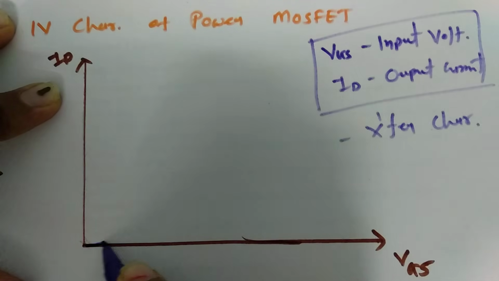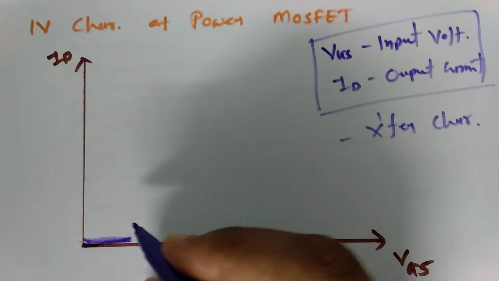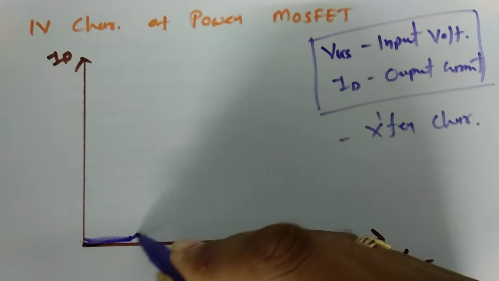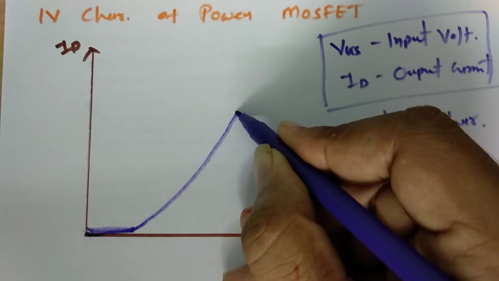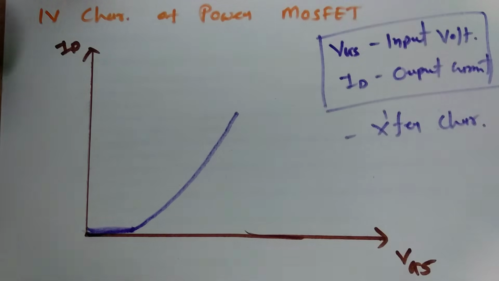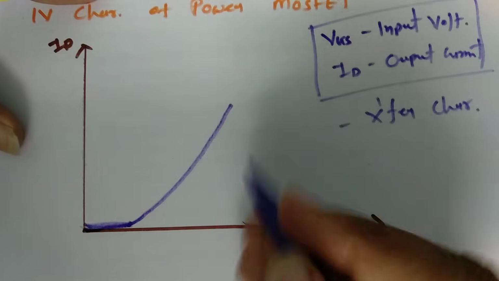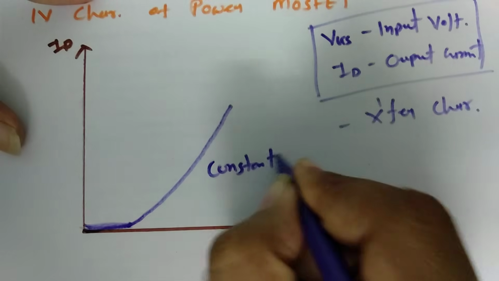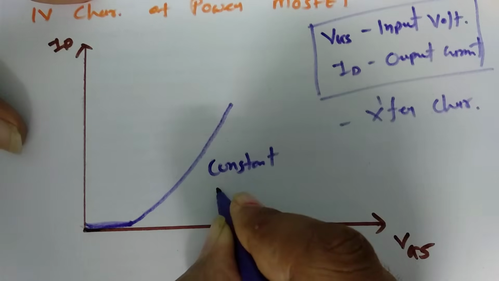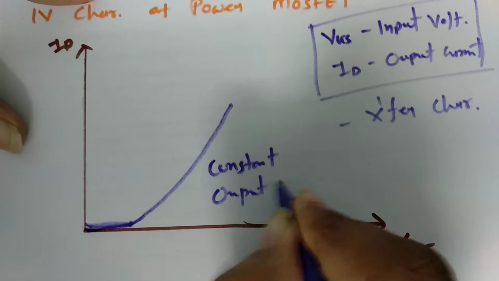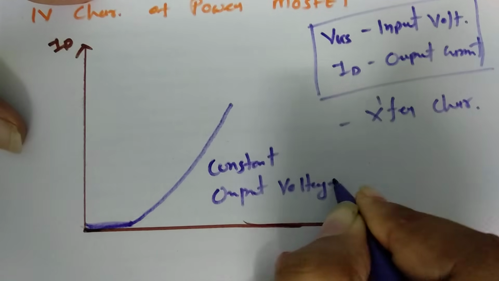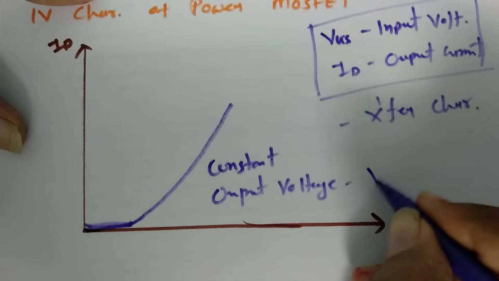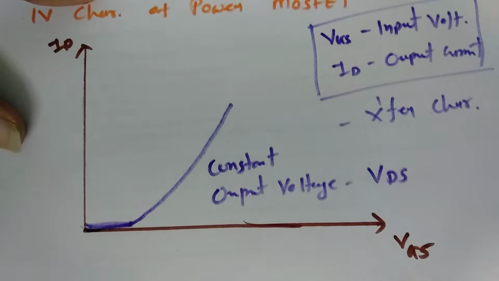So initially, for small VGS, current will not flow, but after some value, as we increase VGS, current will increase. And this is happening at constant output voltage, and the output voltage is VDS.